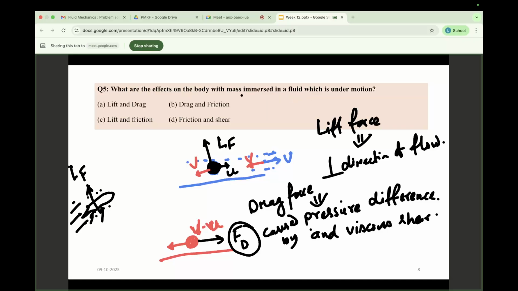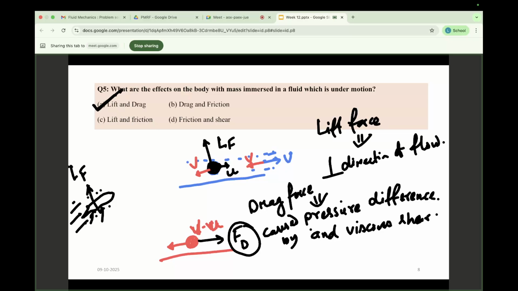Okay. So air is also a fluid. If I talk about an aeroplane flowing inside a fluid, what is the effect? It will experience two main forces: lift and drag force. Okay.